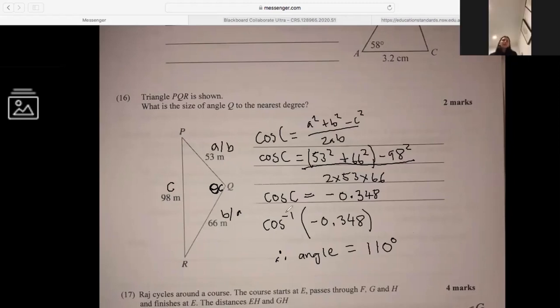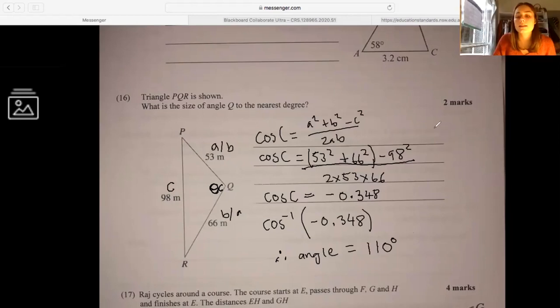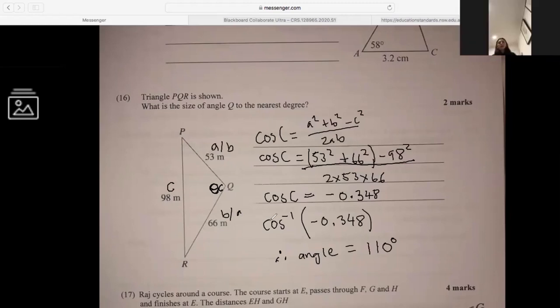Do I always have to do that? Only when you're finding an angle. If you're ever finding an angle, you'll always have to do it, because that's taking a ratio and turning it into an actual degree. Does that make sense? Yeah. Cool.